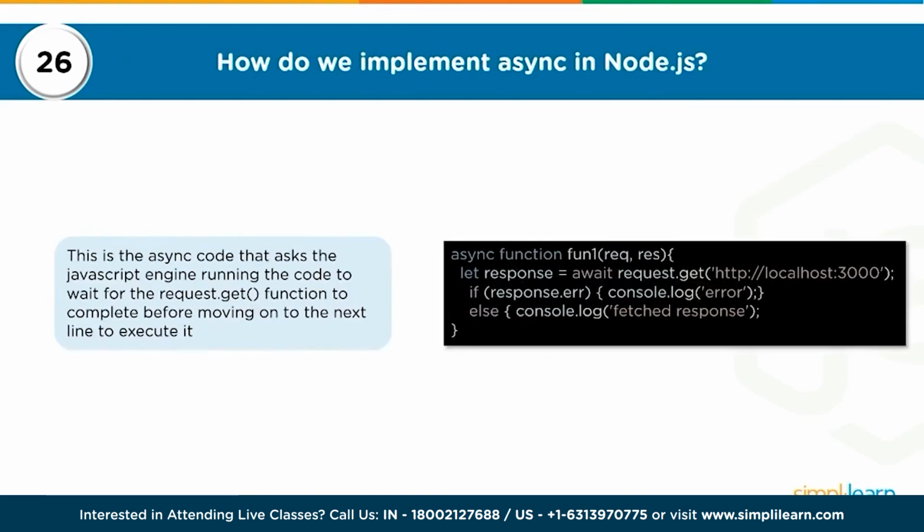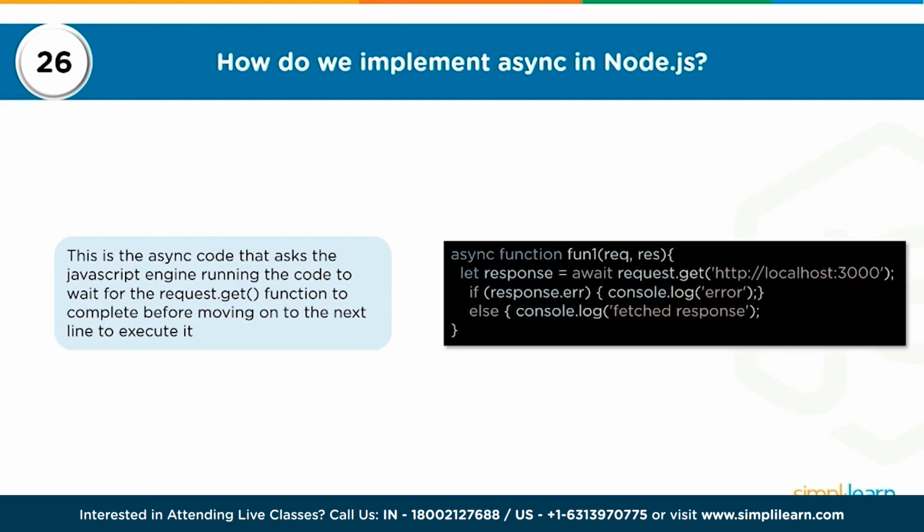So how do you implement async in Node.js? The example that we have on the left-hand side allows us to trigger async, and it's using the async function. And as you can see in this example, it's something that can be done very quickly. In this example, we're making a command to localhost and an app that's running on port 3000.